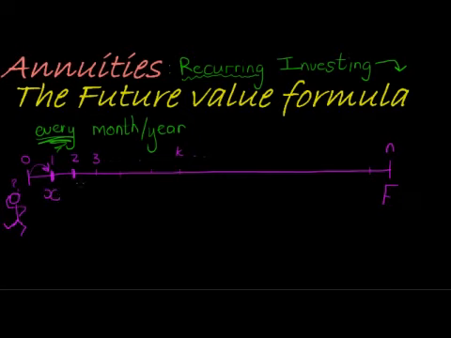Let's call that amount X. Then I'm going to invest another amount X, and another, all the time the same amount, and this goes on after whatever K is. Let's say K is 20 months. After 20 months, every month or every year or whatever this time period is, I'm going to invest X, all the way up to the very last period, when I invest my last X.